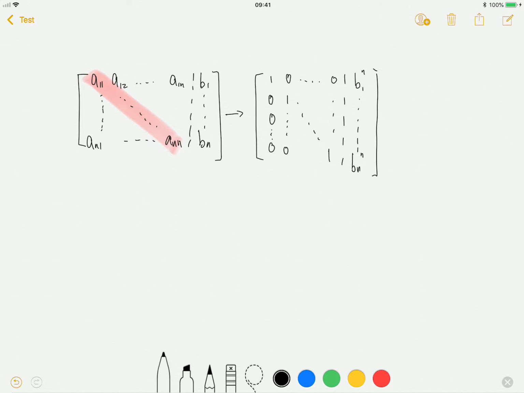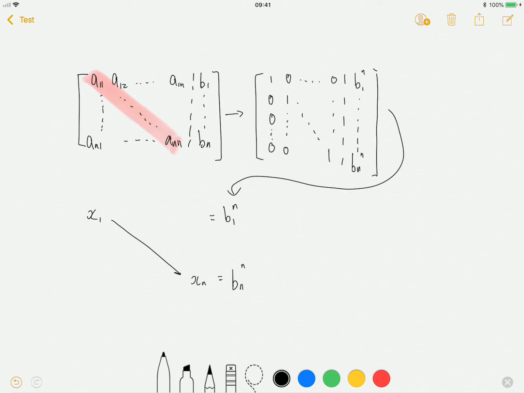And effectively this can be rewritten as x1 down to xn, with xn being equal to bn with n operations, and x1 is equal to b1 with n operations.